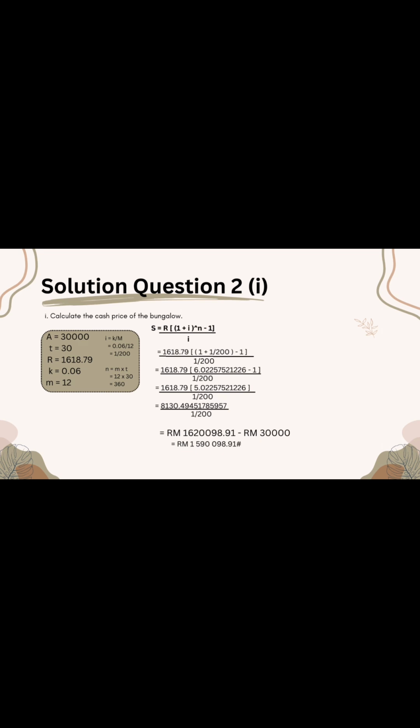We got 1,620,098 ringgit 91 cents. Minus 30,000 and we got 1,590,098 ringgit 61 cents.